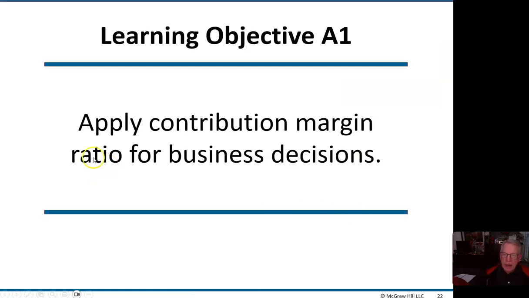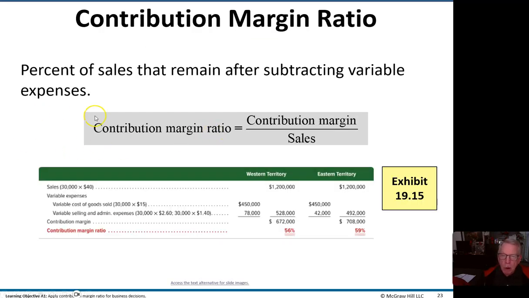All right, now, how do we apply the contribution margin ratio for business decisions? The contribution margin ratio is, as we know, the contribution margin divided by our net sales. So it's the percent of sales that remain after we have subtracted out the variable expenses.